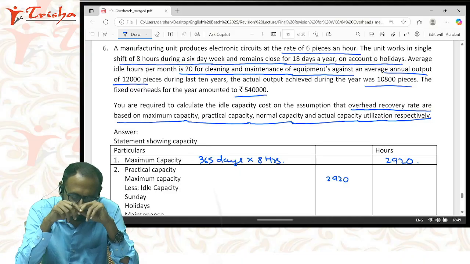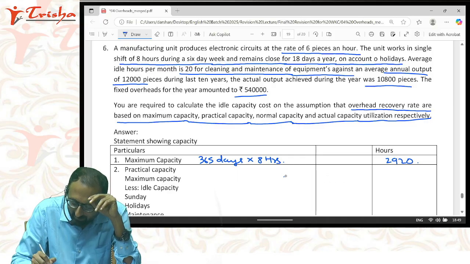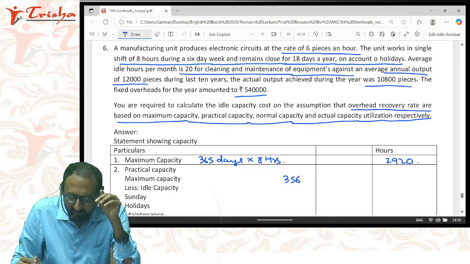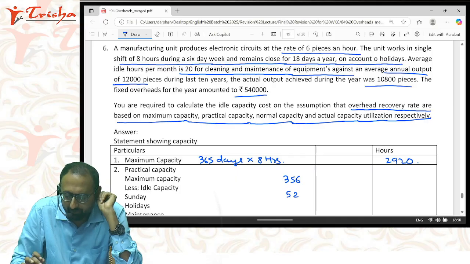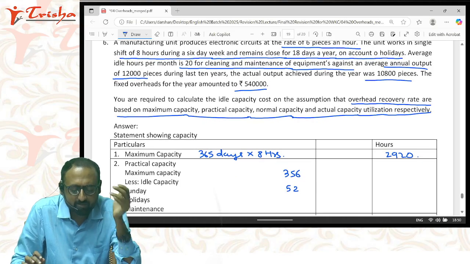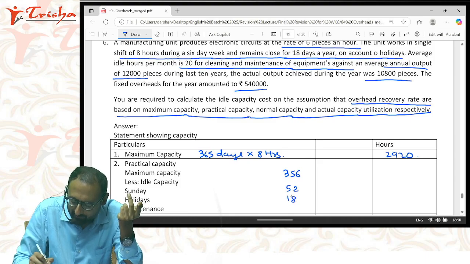Read the question. Tell me quickly, fast answer is expected. Suppose 365 days maximum available. Then idle: how many Sundays will be there? Is it 52 Sundays? Why 52 Sundays? 6 days a week only. Less 18 days holidays.